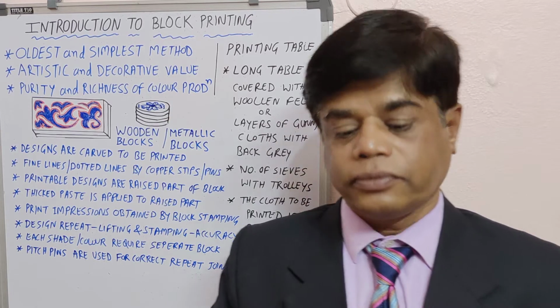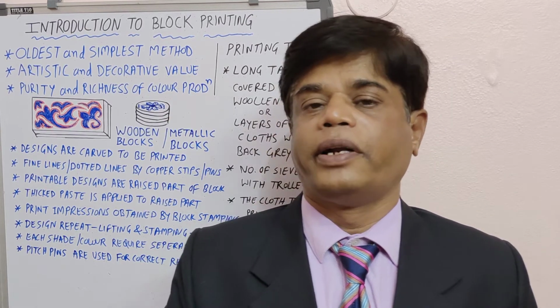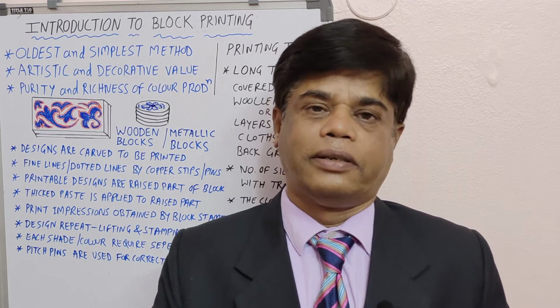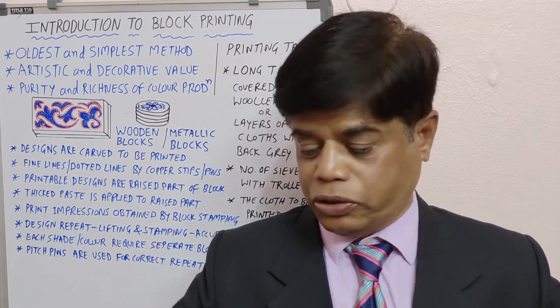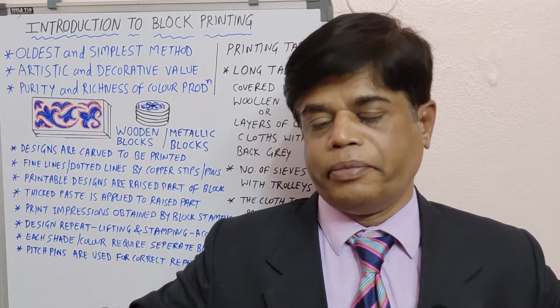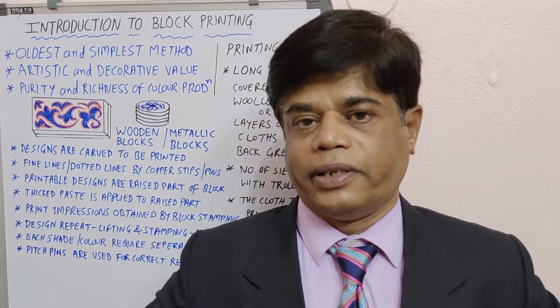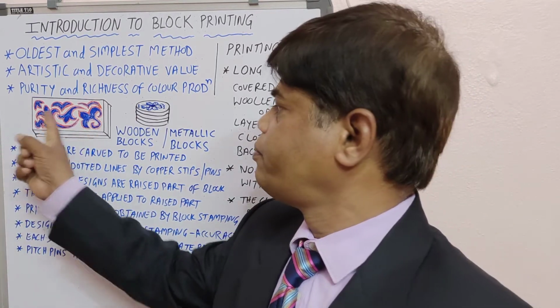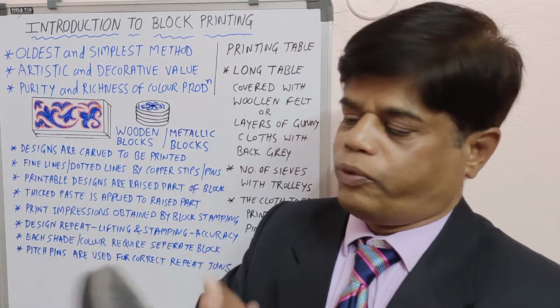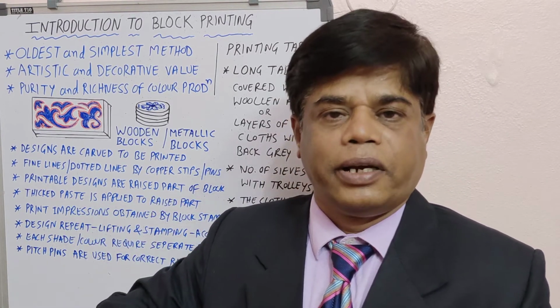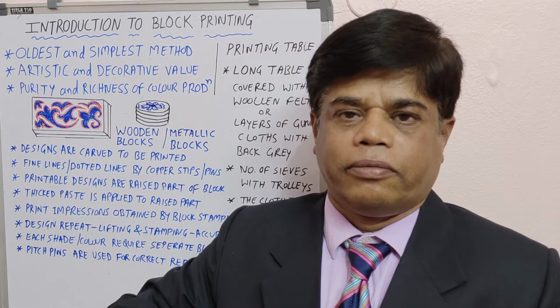Also in this block print, the repeats are usually small. It is not like a big width. The designs, patterns or art are not like a big width throughout the width of the fabric, just small prints. Say this one block has this much of print. Suppose this block's design is impressed, stamped on one part.